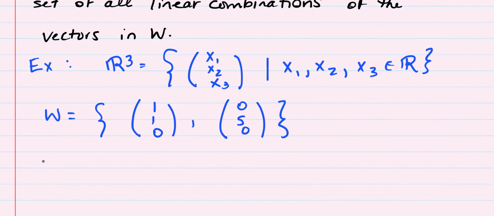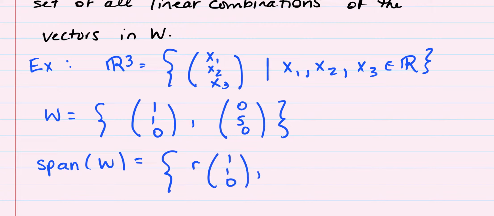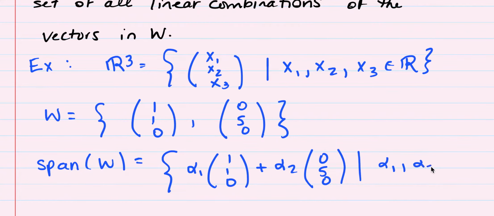Then the span of W is all linear combinations of these vectors. So it would look like, let's use the alpha 1 that we used before, alpha 1 times (1, 1, 0) plus alpha 2 times (0, 5, 0), such that alpha 1 and alpha 2 are scalars.